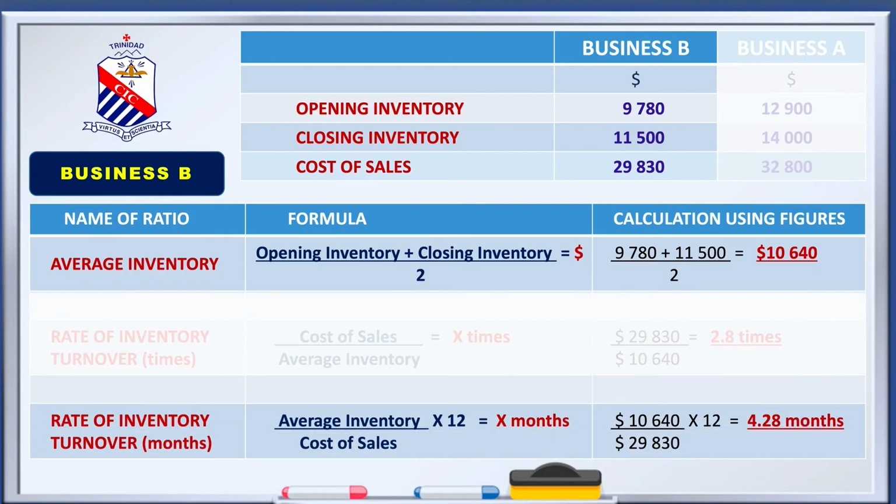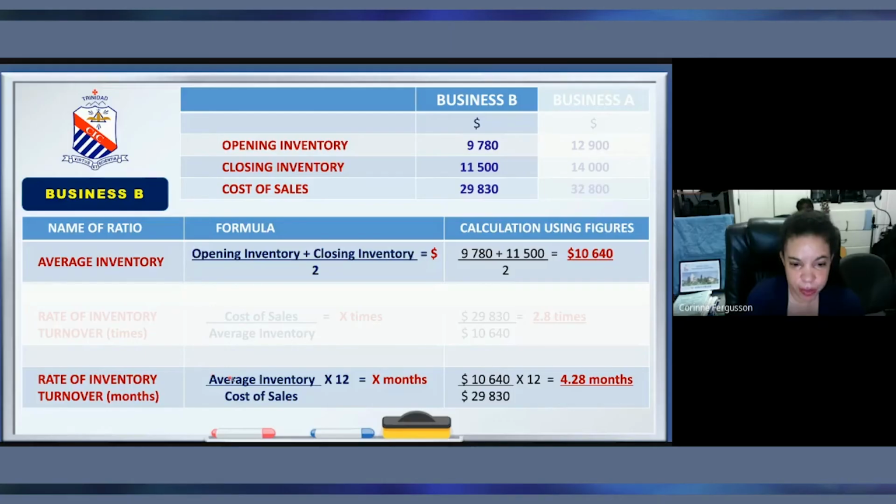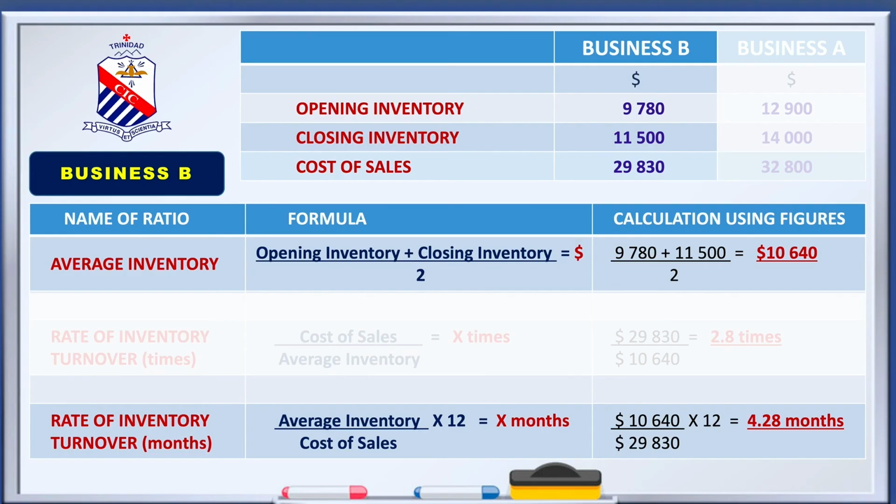But we also had to work out if it's expressed in terms of months. So flip the formula from cost of sales over average inventory to average inventory over cost of sales. Multiply by 12. So your average inventory was worked out as 10,640 over your cost of sales of 29,830, multiply by 12, and the answer we got was 4.28 or 4.3 months.